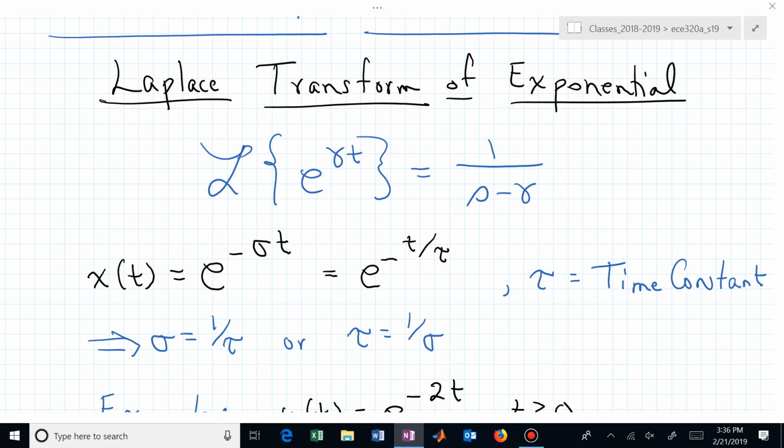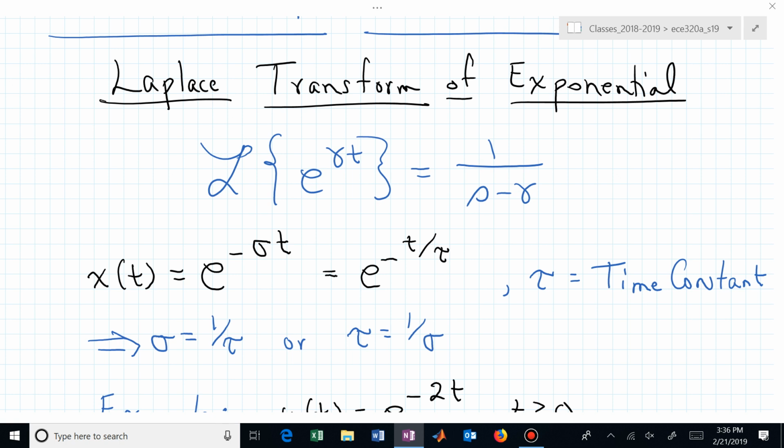I believe last time I kept trying to give you an animated way of thinking of an exponential. Here is the exponential, e to the minus sigma t, and how quickly it decays is influenced by how big sigma is.